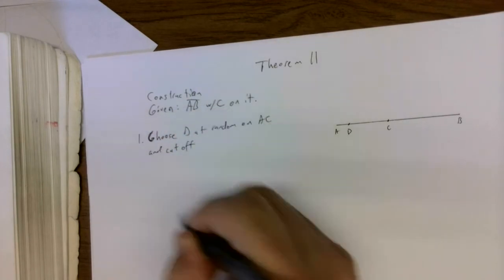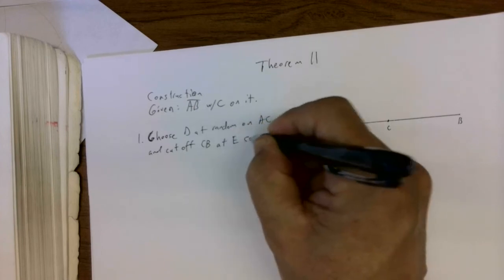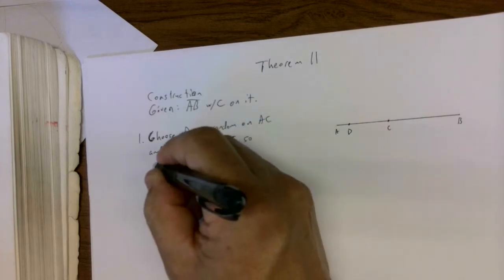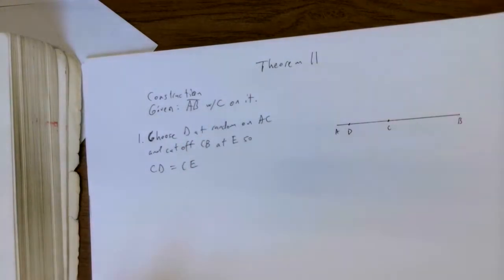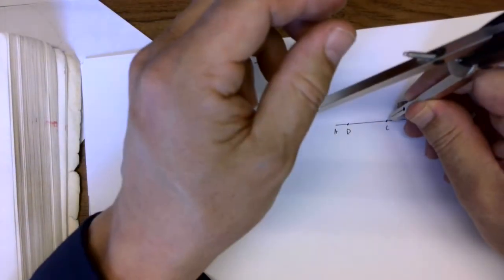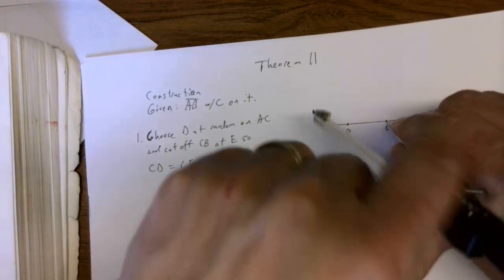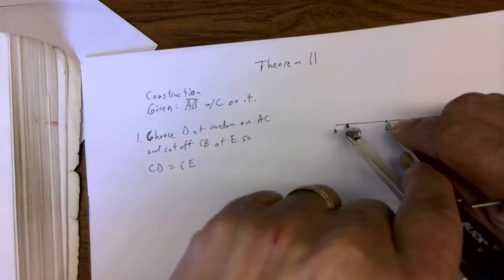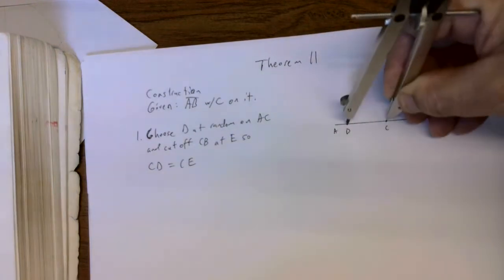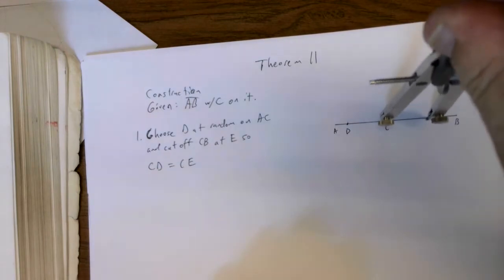Cut off CB at E so that CD equals CE. Okay? And so that's easily done with a compass. You just open the compass to be CD long. There we go. And just swing it over here. Boom, there's E.